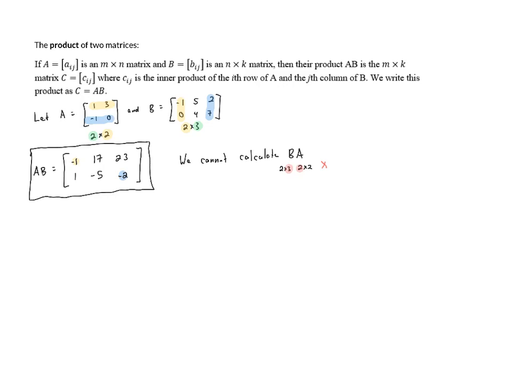What this means also is that multiplication of matrices is not commutative. BA is not equal to AB. And in the first example linked below, you'll get to do another multiplication problem where you'll see that even when the dimensions work so that we can take the products AB and BA, the products are not equal to each other.